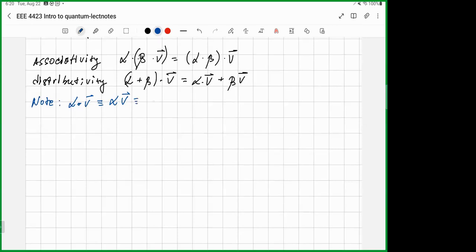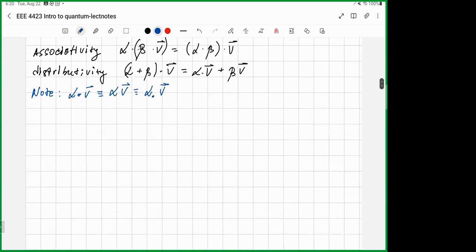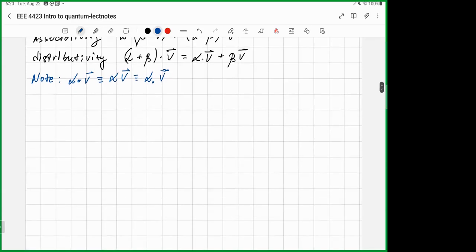Or sometimes you can find alpha with a dot below and then v. So all these are equivalent forms; depending on the textbook or lectures, this might vary.